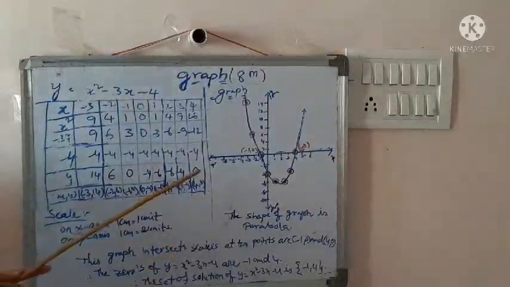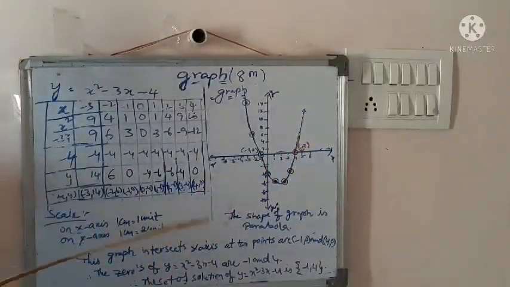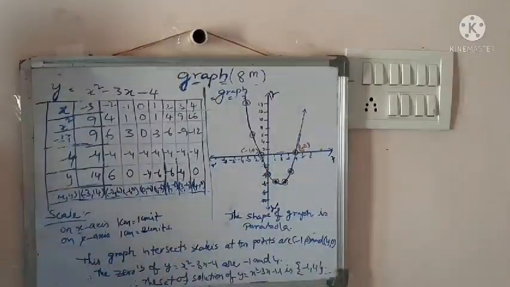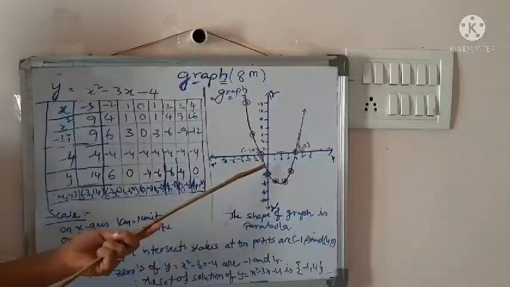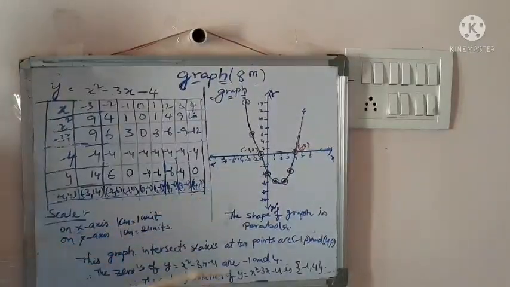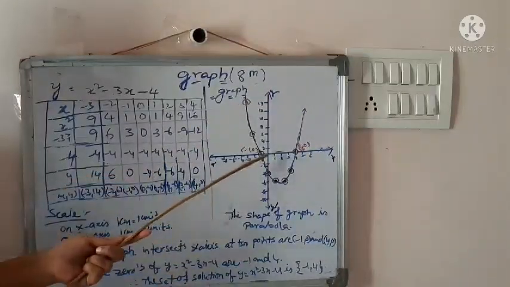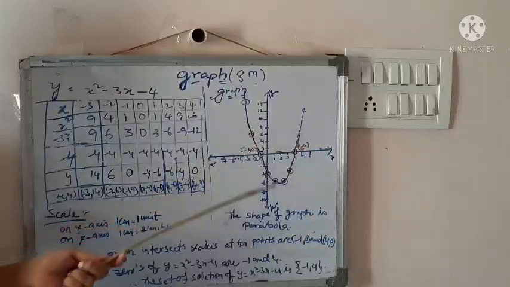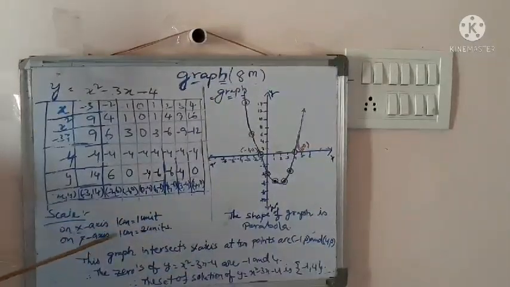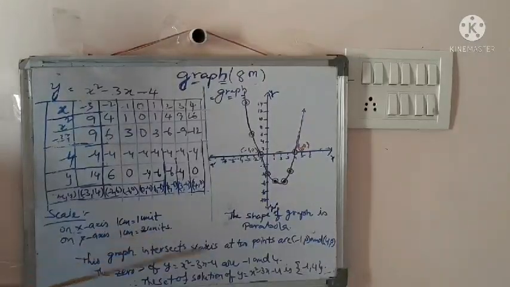And now on the x-axis take numbers 1, 2, 3, 4, 5, 6. Minus 1, minus 2, minus 3, minus 4, minus 5, minus 6, minus 7. And now on the y-axis take points 2, 4, 6, 8, 10, because on the y-axis we have taken 2 units in 1 centimeter.